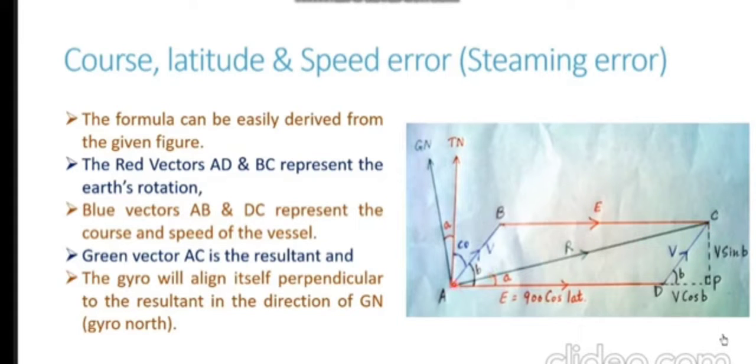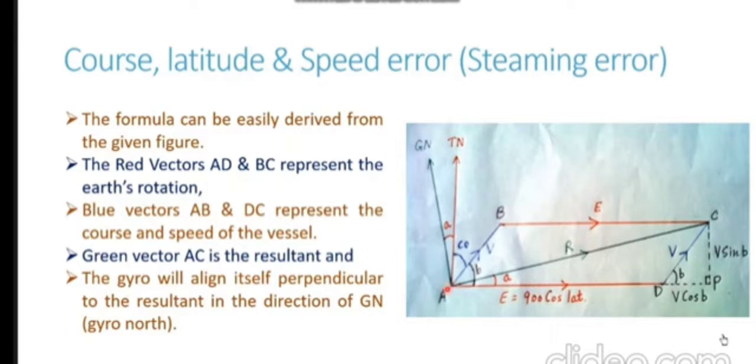Because of the arrangement, it starts pointing perpendicular to this particular direction. So perpendicular to our resultant AC is this vector which is representing GN. GN represents gyro north. So the gyro aligns itself perpendicular to the resultant vector R and points in the direction of gyro north.